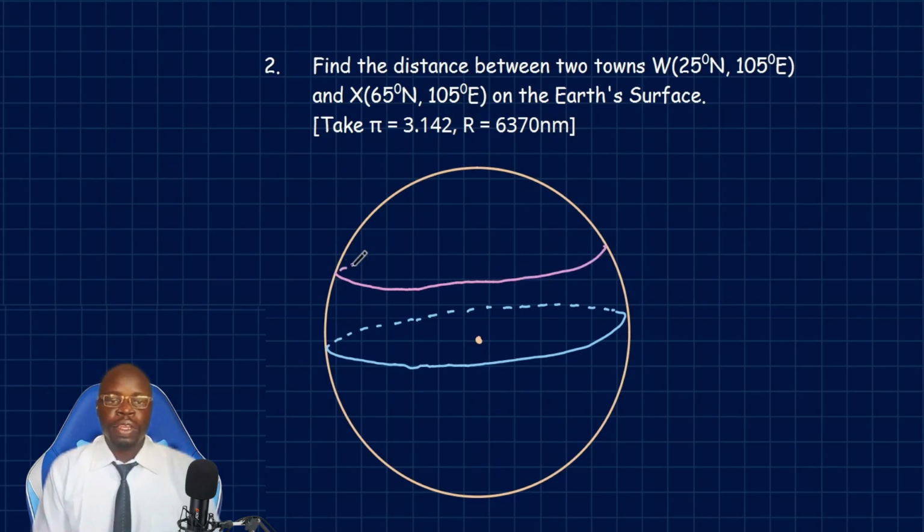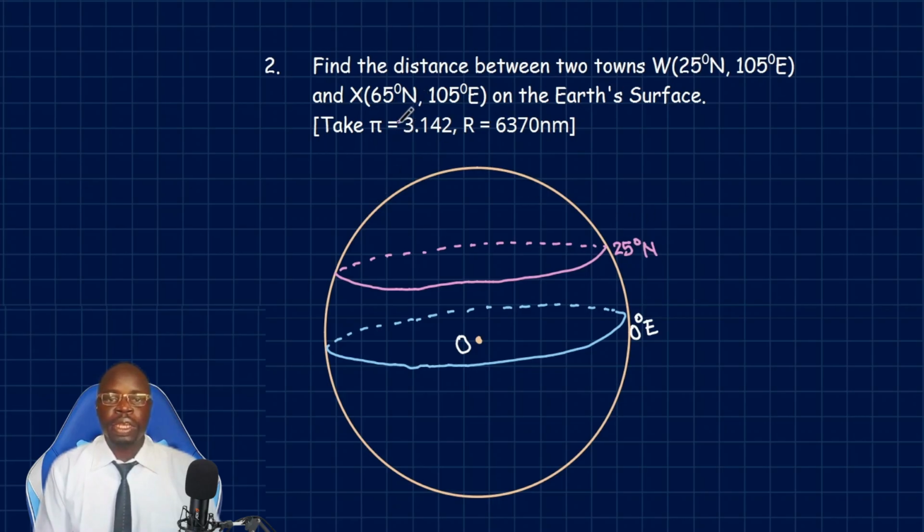And we also have this dotted line representing the same latitude moving in that direction. So O is the center of the Earth. Let me indicate this point here as the center of the Earth. And here, this is 0 degrees as our latitude. Now, this one is our 25 degrees north. And we notice that this is also north hemisphere. All of them are in the same side.